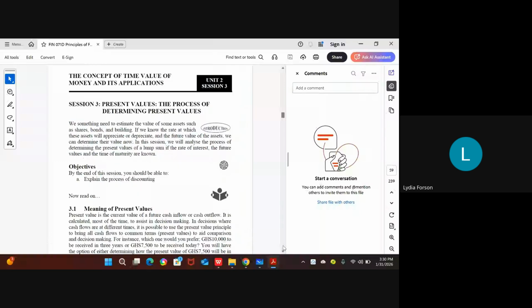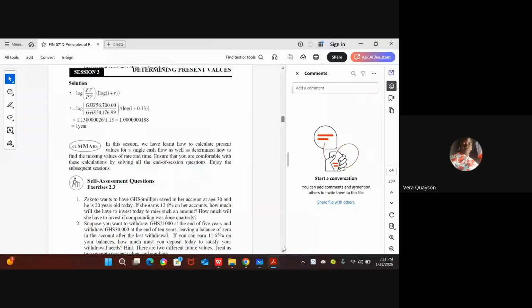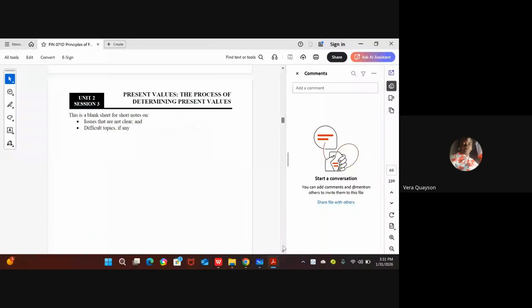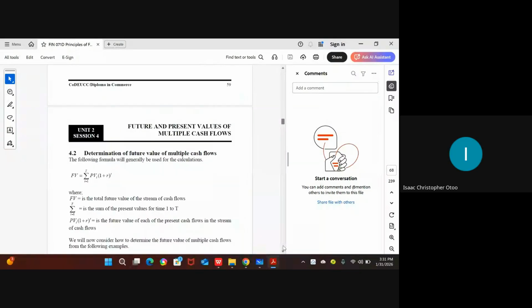Is that a future value or present value? It's future value, Section 4, multiple cash flows.